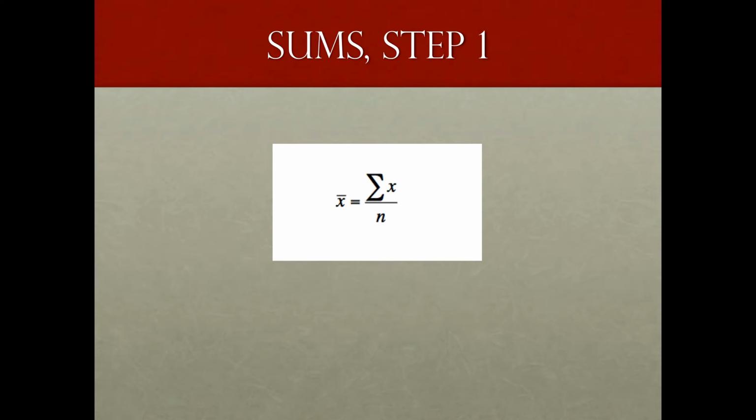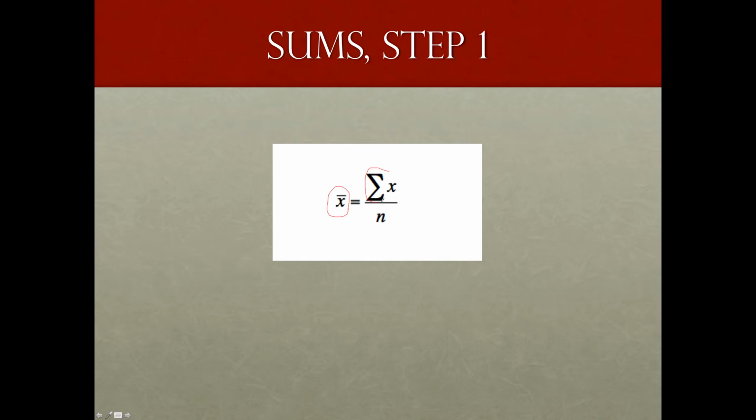I'll do that by beginning with a very simple formula that we've hopefully seen before, and that is to find the sample mean. We take the sum of the scores divided by the sample size. This over here, x bar, for the rest of this class will stand for the sample mean.